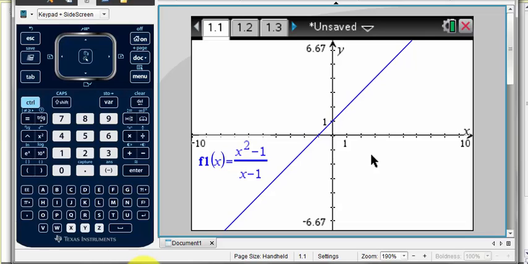So right here we have f of x equals x squared minus 1 over x minus 1. And you might be looking at this going, wait a minute, that's a line. That doesn't look right.